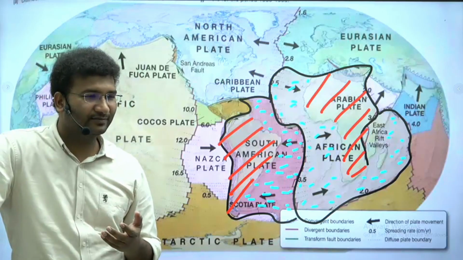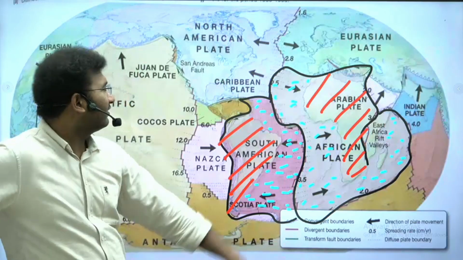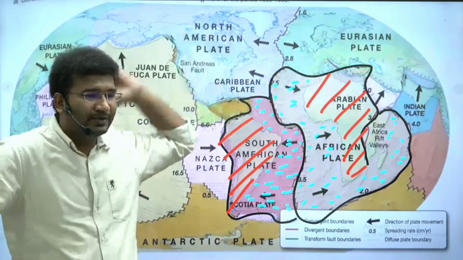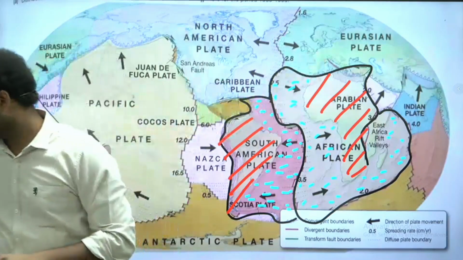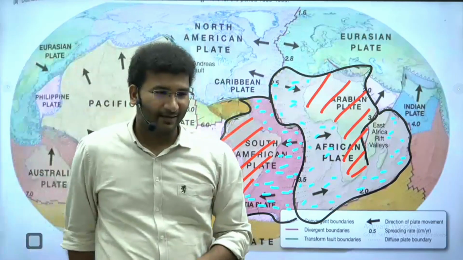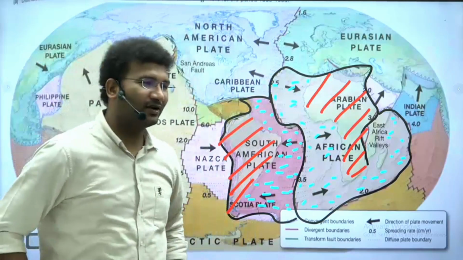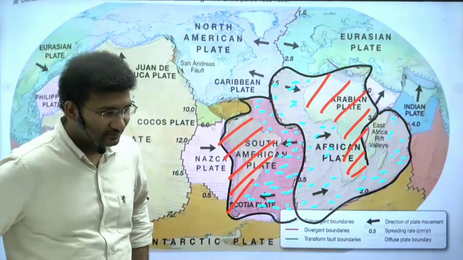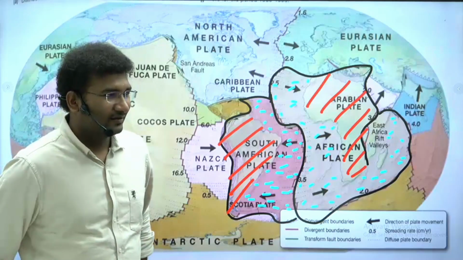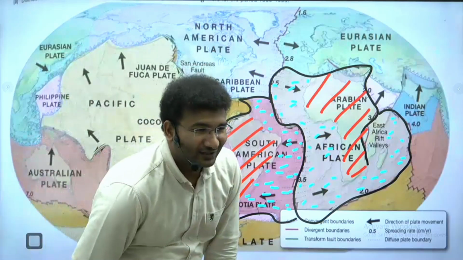Now, why are these plates made? Can anyone tell me? Why is your earth made up of n number of pieces? No, Pangea is not a single plate. Why? I'll reward if someone tells me this answer.